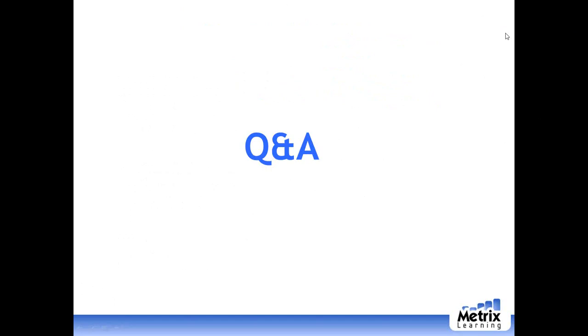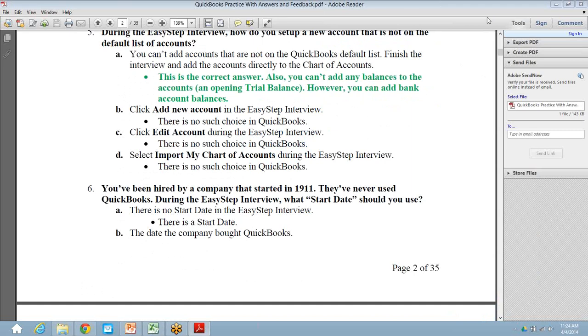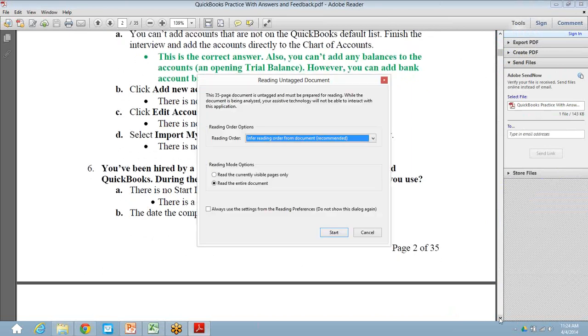So the exam itself, again, it's multiple choice. I'll bring up a couple of examples of questions quickly. So again, you'll get this document once you receive your voucher. One of the questions is, you've been hired by a company that started in 1911. They have never used QuickBooks. During the Easy Step interview, which start date should you use?